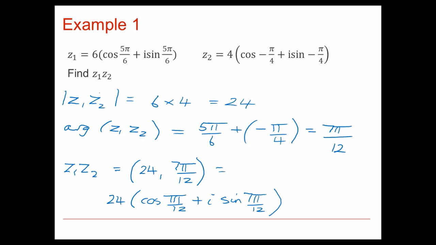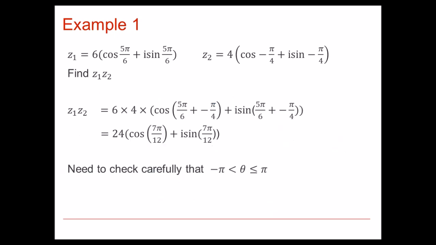We do of course need to check that the principal argument, the 7 pi by 12, lies between minus pi and pi. In this case, that's alright. You may want to pause the video here and check the working carefully for yourself.